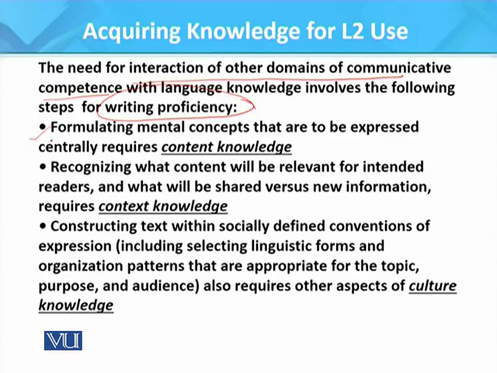The first is formulating mental concepts that are to be expressed, which centrally requires content knowledge. So whatever needs to be expressed needs to have the content of how it is going to be expressed. Content knowledge is important. Second is recognizing what content will be relevant for intended readers, and this can be achieved through context knowledge.